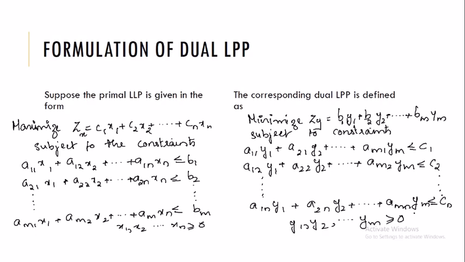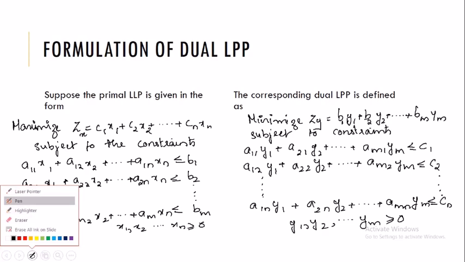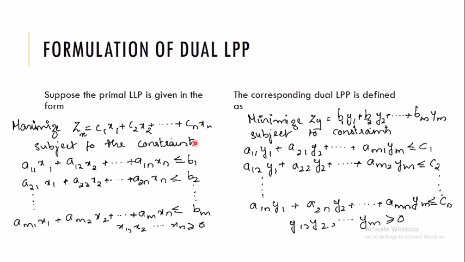Also, regarding the right hand side of the constraints, b1, b2, etc. bm in the right hand side of the constraints of the primal is now appearing as the coefficients of the variables in the objective function, that is, as the coefficients of y1, y2, etc. ym.